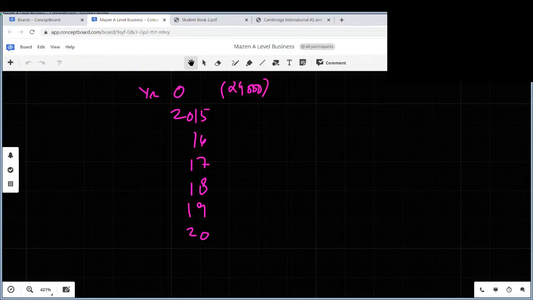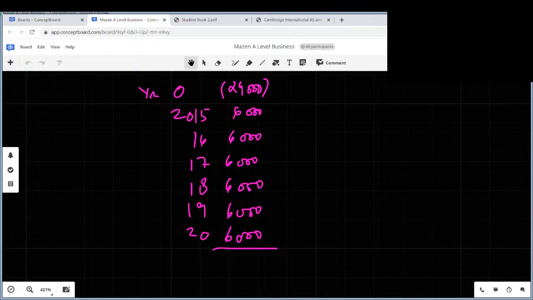Then the inflow for each of the next 6 years is 6,000, 6,000, 6,000, 6,000, 6,000, and 6,000, right? So what's the total net cash flow? 36 minus 24, which is 12,000. Net profit, or cash flow, for the project.